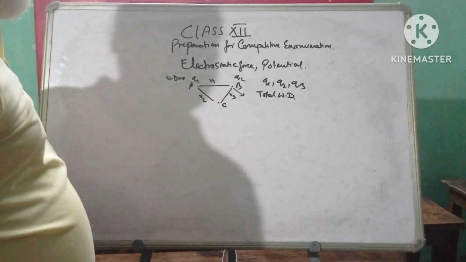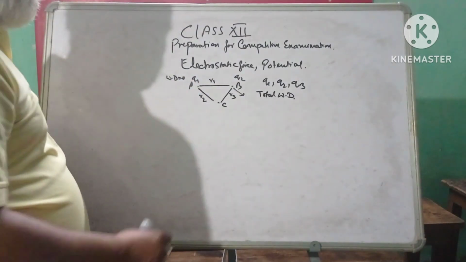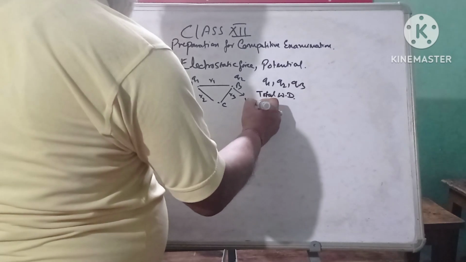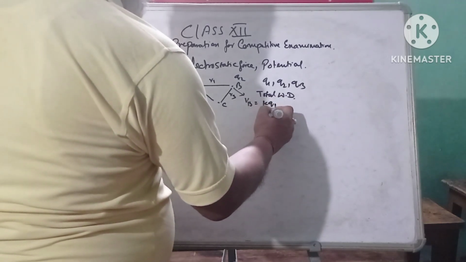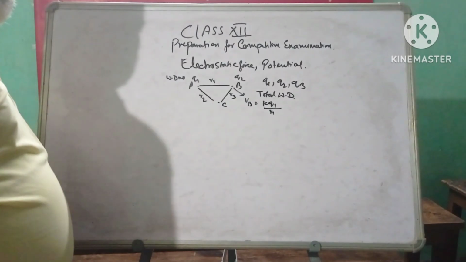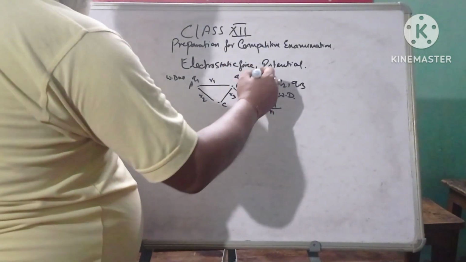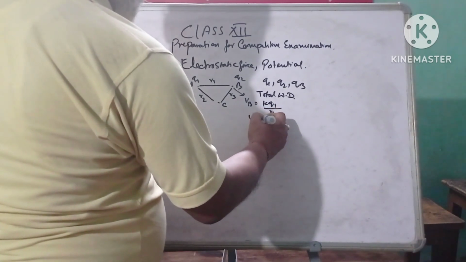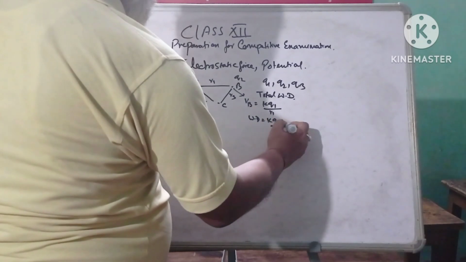So you have read that the potential at B because of Q1 is K Q1 by R1. Now when you bring this charge Q2, your work done will be K Q1 Q2 by R1.